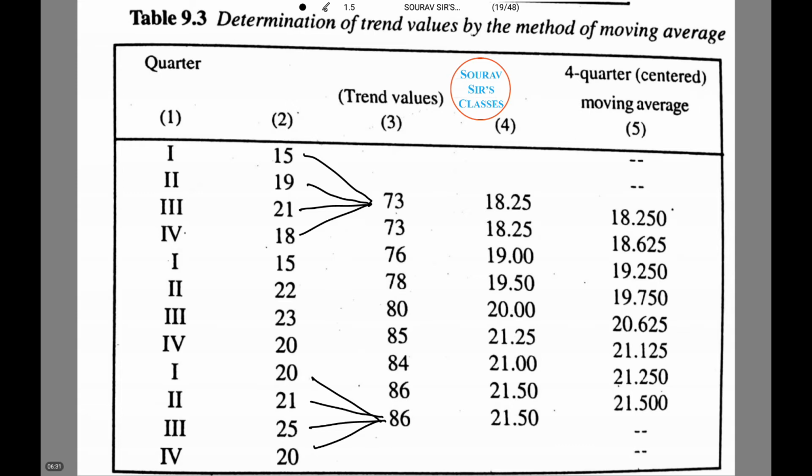Now, dividing by 4 just like before, and then finding the average of these two numbers, we find the 4-quarter centered moving average.